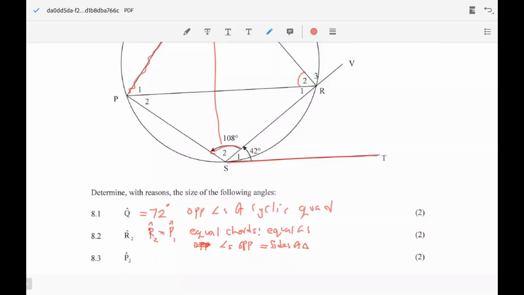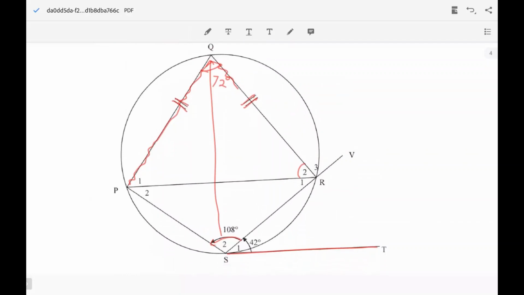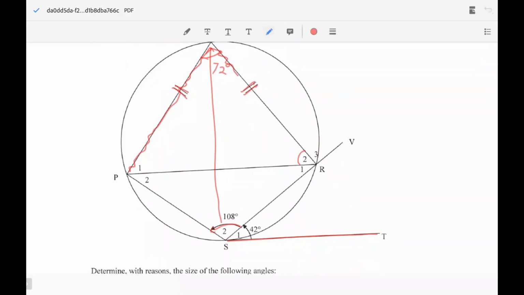So if that's true, then in that triangle PQR, I'll label P1 as R2 because they are equal, then plus R2 itself. So R2 plus 72 must give us 180 degrees.